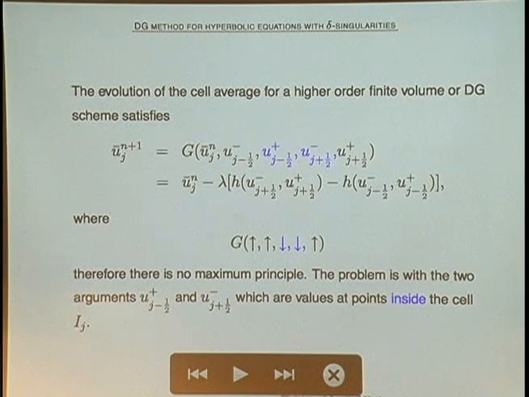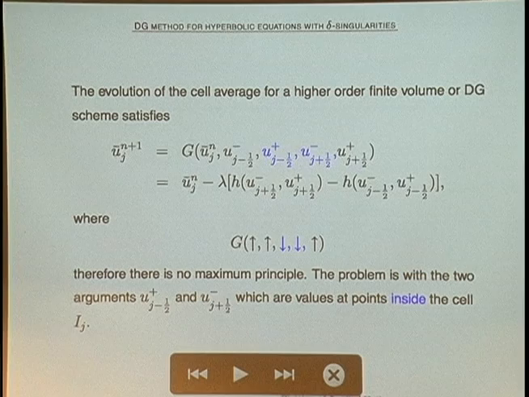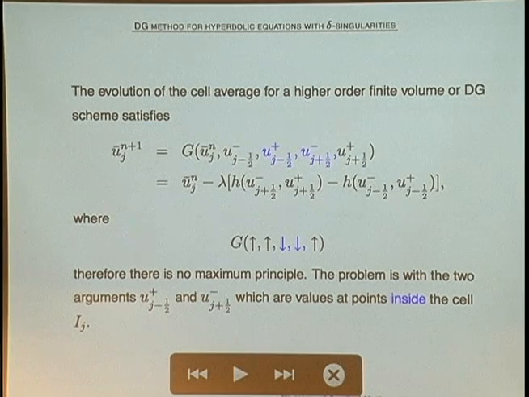Right? However, you can easily check that you're not so lucky. Capital G is increasing in these 3 values, but decreasing in these blue ones. So these blue ones are causing trouble. This also indicates that you can easily build a counterexample such that all 5 numbers are in the bound, are positive, for example, but the computed value here is negative.